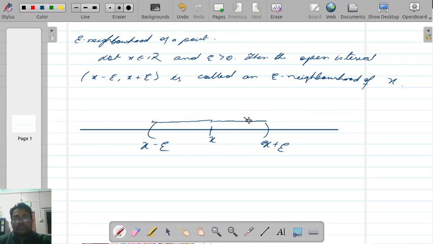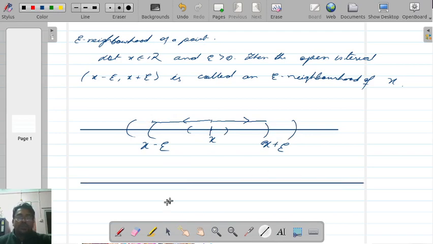The open interval that you get is a neighborhood of the point x. If you change the value of epsilon, you get different neighborhoods. A smaller epsilon gives a smaller interval, and a larger epsilon gives a larger interval.